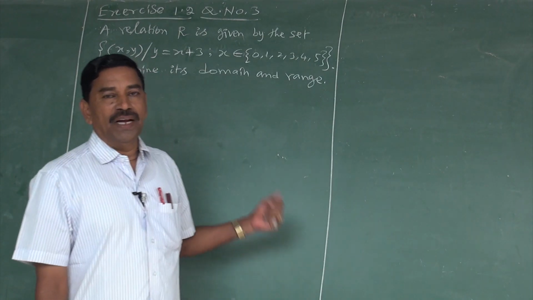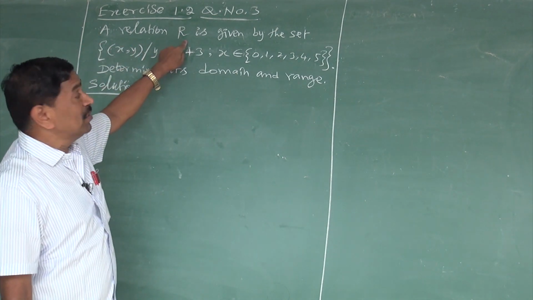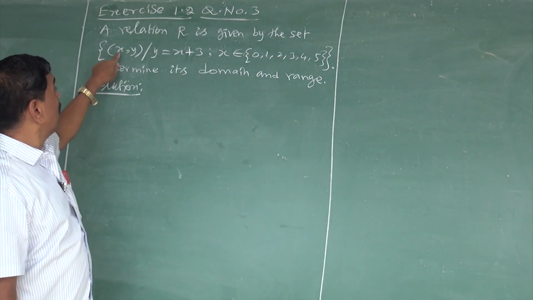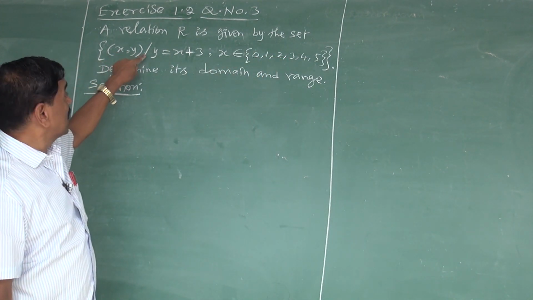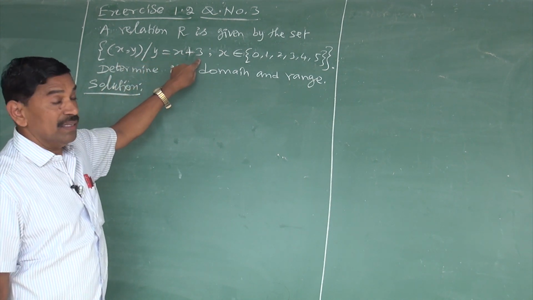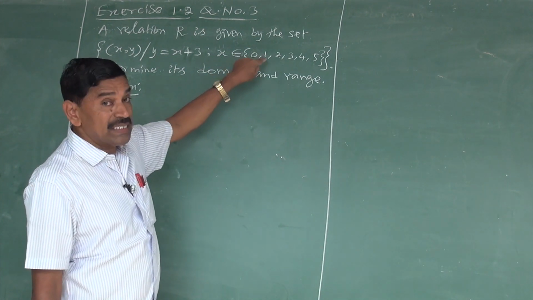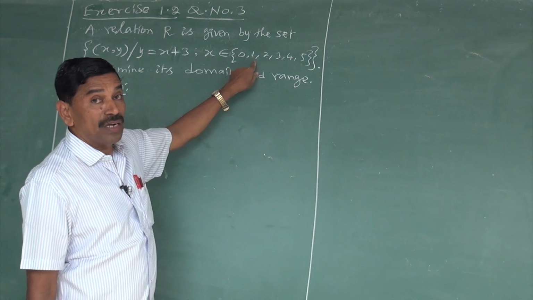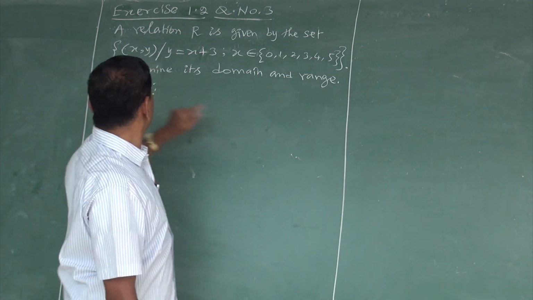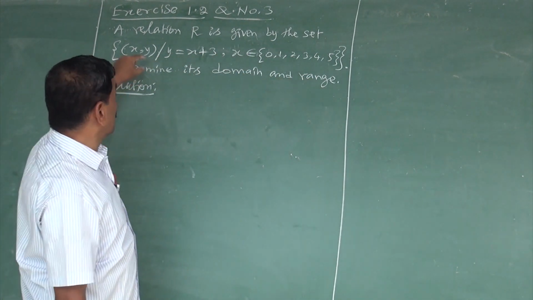Children listen, now the third question from the second exercise. A relation R is given by the set of x comma y such that y is equal to x plus 3, x belongs to the set 0, 1, 2, 3, 4, 5.